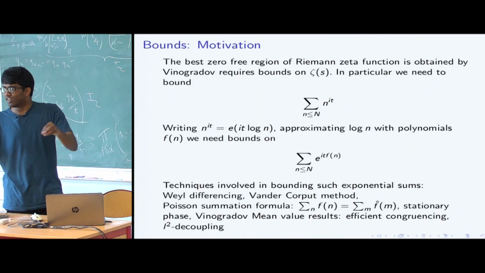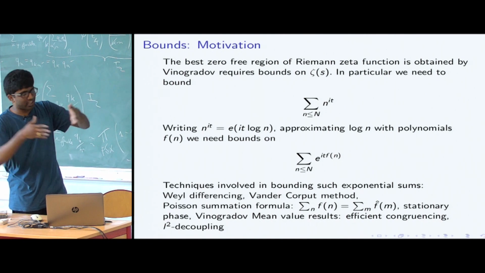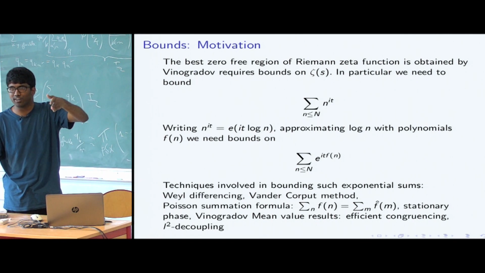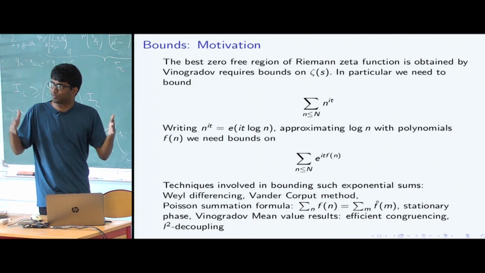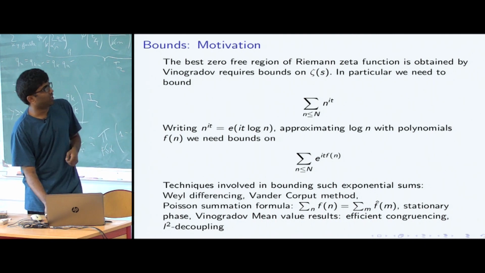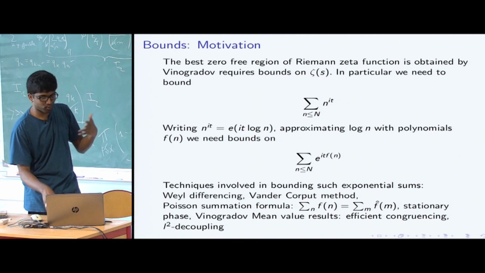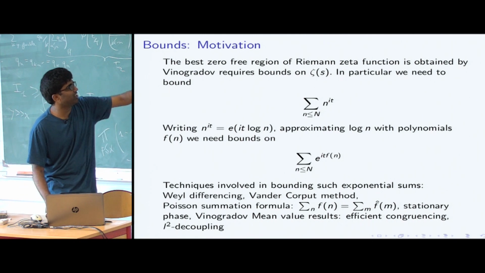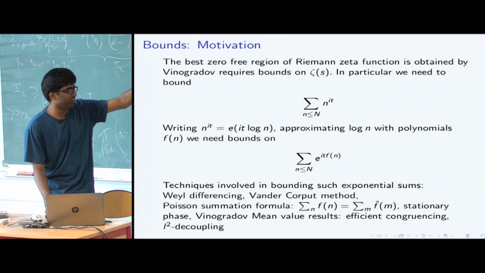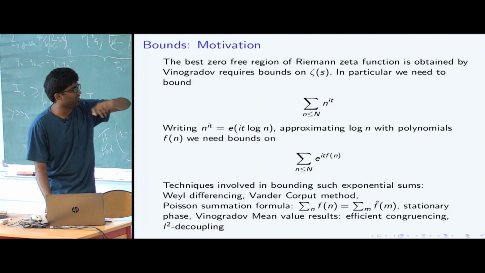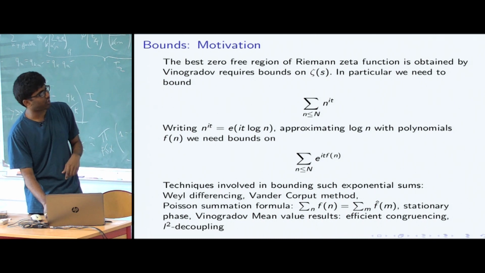You want to understand the sum of these n quantities. Typically, they're all of absolute value 1, so the trivial bound is n, but you want to show that it's much smaller. The techniques involved in bounding these exponential sums are one of the deep tools in analytic number theory. There are the Poisson summation formula, Weyl differencing, stationary phase, Vinogradov mean value results. Recently, there have been the introduction of L2 decoupling and efficient congruencing.